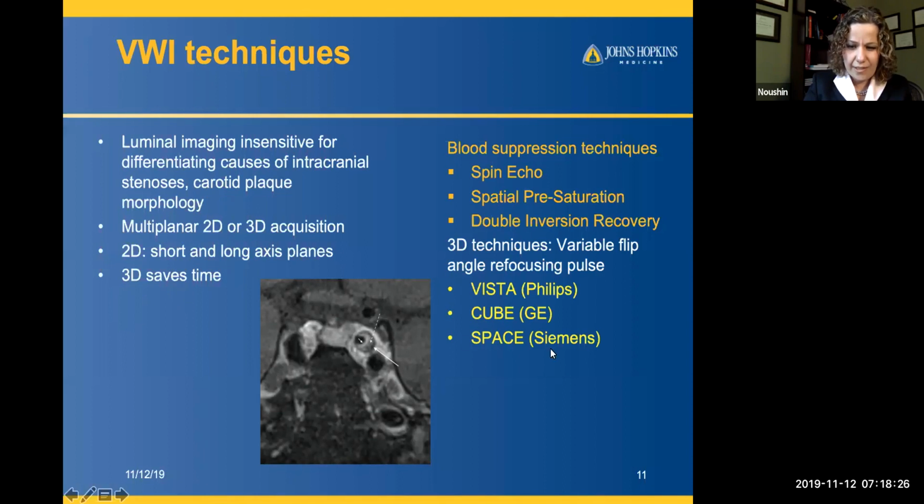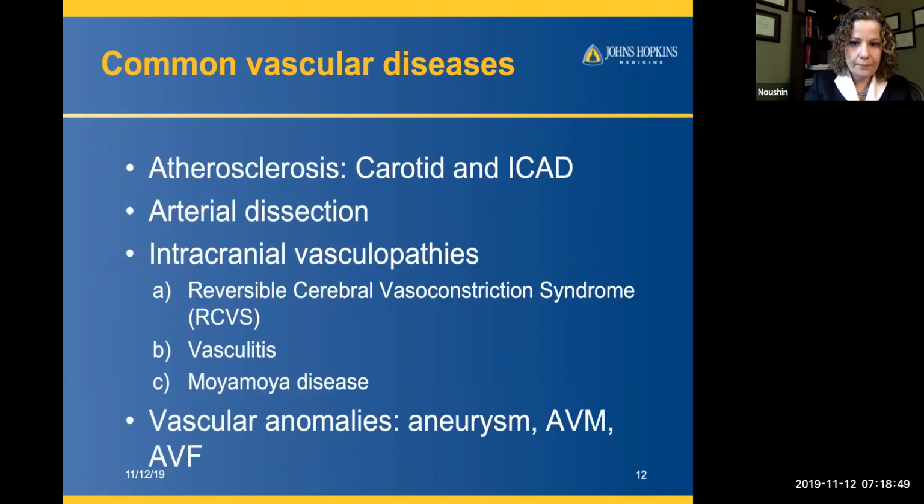These are different 3D techniques, and different vendors now have it available. And this is just an image of a cavernous carotid artery with an eccentric plaque. This is the lumen of the vessel, which is dark, which is the black blood. It is suppressed signal from the blood, and you can nicely see the vessel wall on this. I'm going to show you some examples of this as we go through the cases.